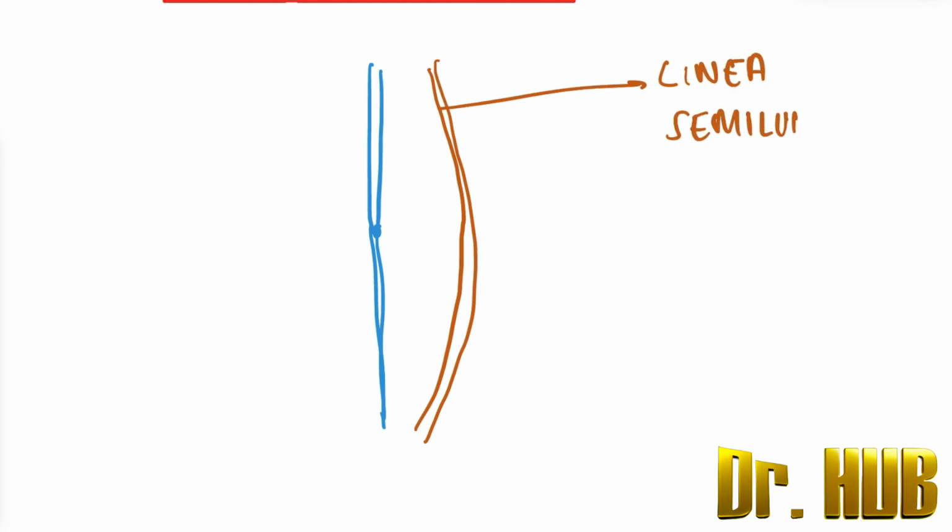So assuming this is the umbilicus, there is the linea semilunaris. This is nothing but the linea semilunaris. And on the other hand, there is the transverse abdominis.